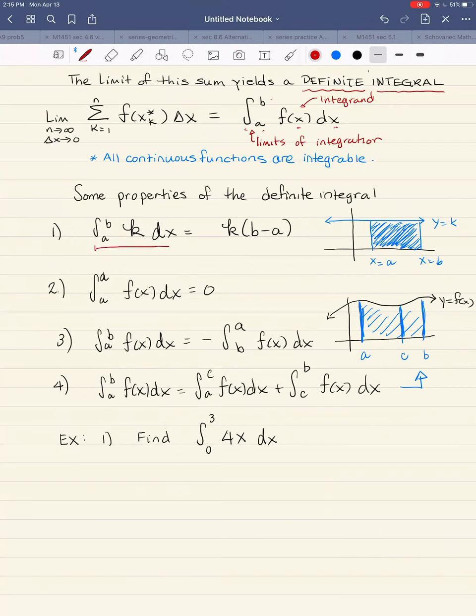And if you are going to interpret the integral of some constant with respect to x, then it's finding the area underneath that horizontal line from x is a to x is b. That's just the area of a rectangle, width times height. Well, the height is k, and the width is b minus a. So the integral of any constant with respect to x is that constant times b minus a.